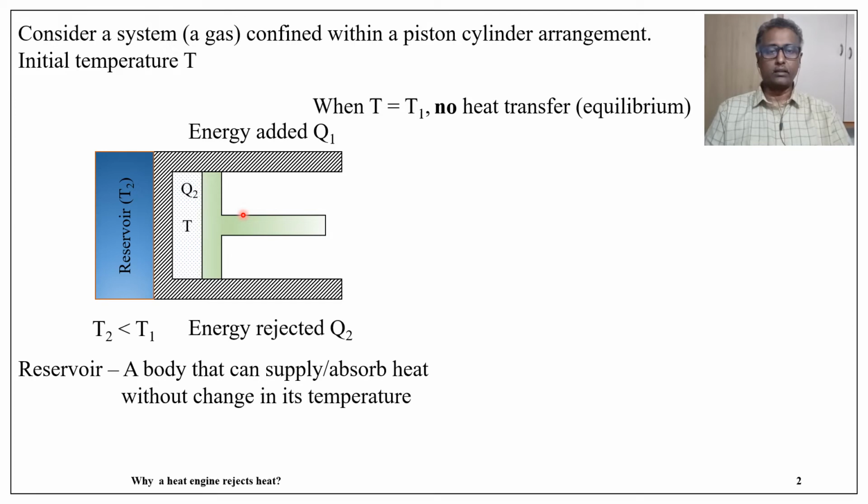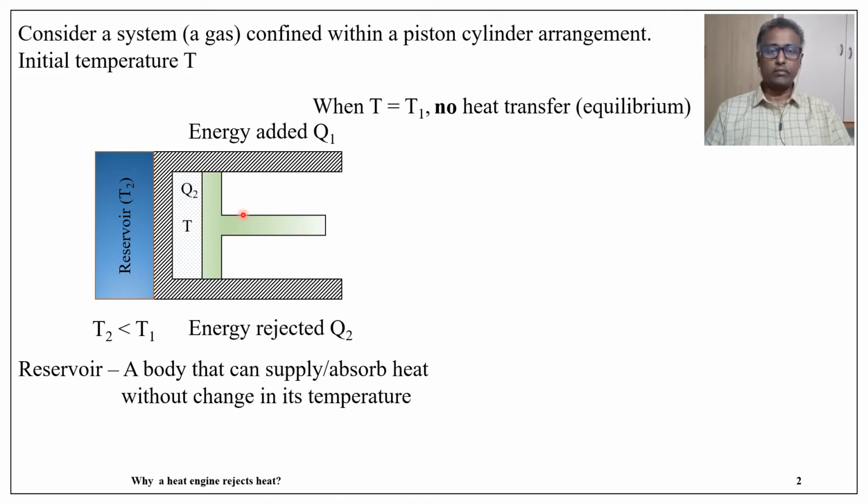Or we can say the system has completed a cycle. It was initially at temperature T, was taken to temperature T1 using the reservoir at T1, and it is brought back to its initial state T using another reservoir at temperature T2. So the system has completed a cycle. What does the first law of thermodynamics say?